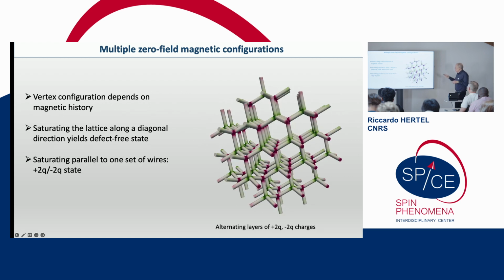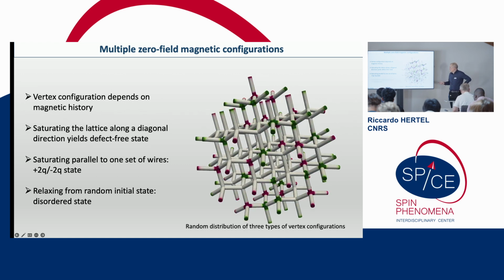Whereas if we apply the field along one direction that is given by these wires, we can have alternating stacks of positive and negative charges, an ordered charged configuration. And of course, if we start from a random configuration, we can have all sorts of different vertices and different types appearing in the lattice.